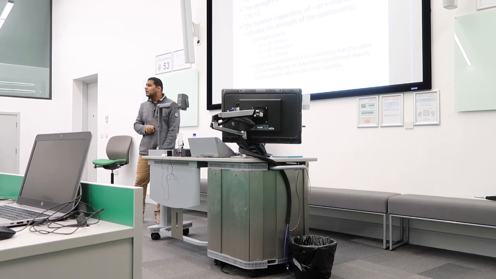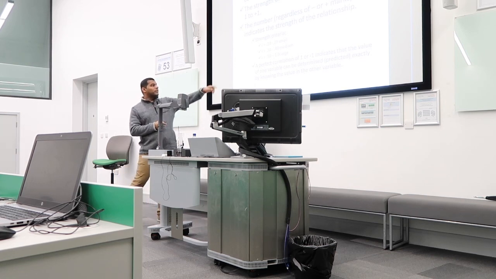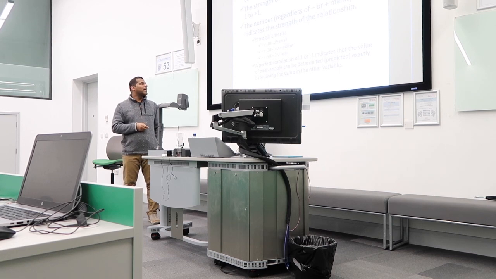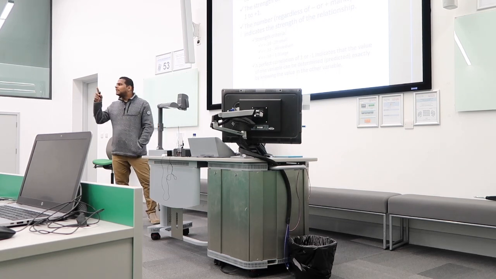I'm giving it here just to save your time. A perfect correlation of 1 or -1 indicates that the value of one variable can be determined, predicted exactly, by knowing the value of the other variable, but again, no causation.